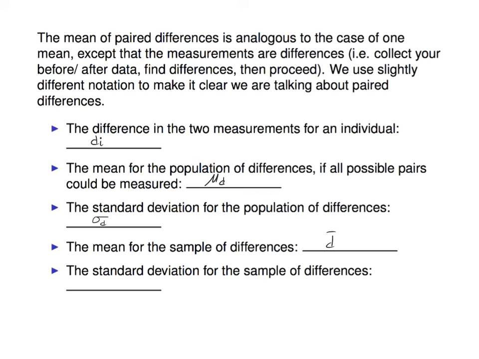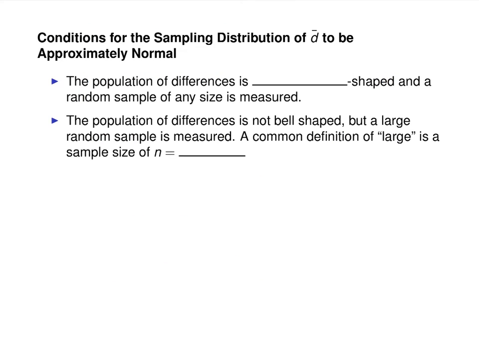And the standard deviation, the sample standard deviation, is s sub d. The conditions for normality are the same. The population of differences needs to be bell-shaped, and a random sample of any size is measured. And if it's not bell-shaped, you must measure a large sample, that is, n bigger than or equal to 30.